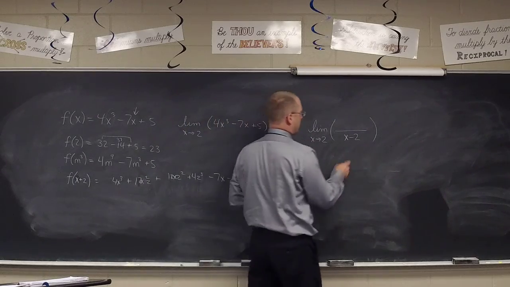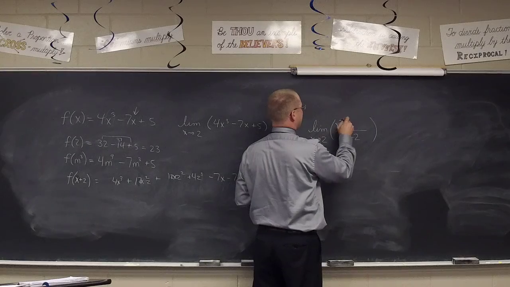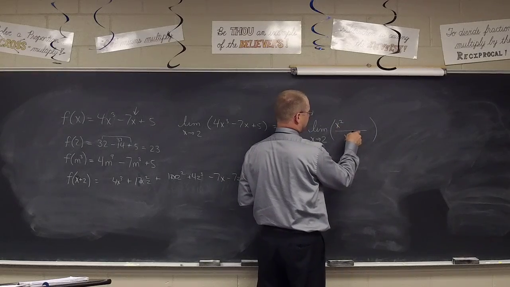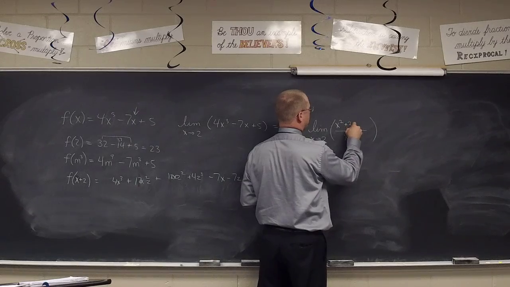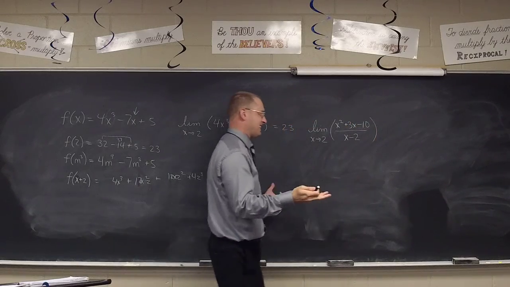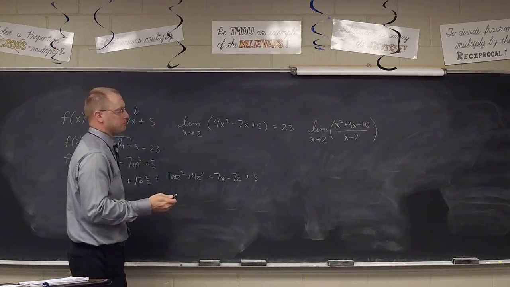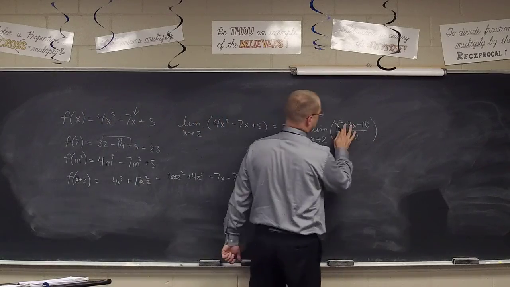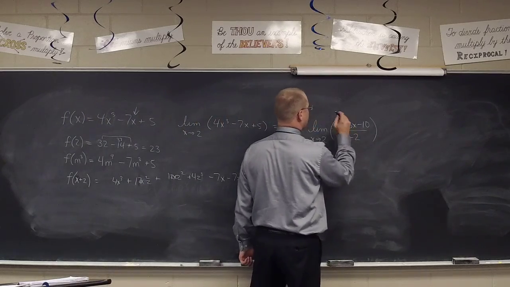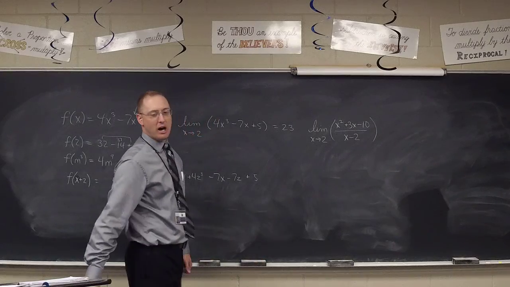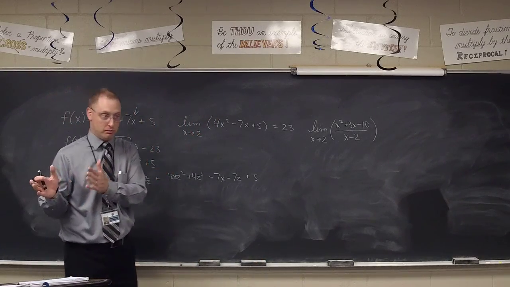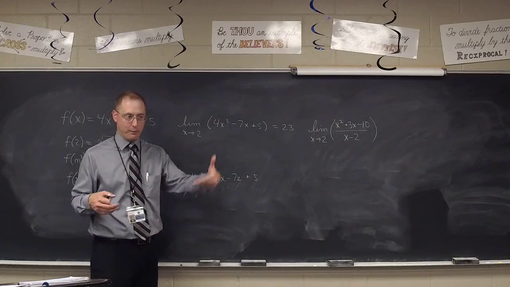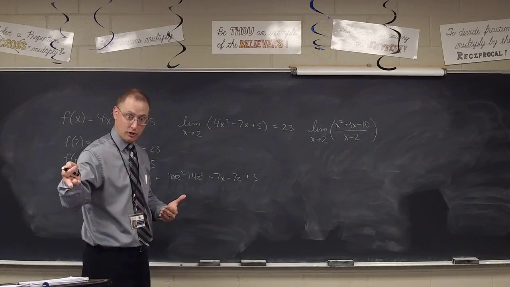So let's say the numerator was something like x squared plus 3x minus 10 or something like that. Then what would we need to do in this case? I mean, we could do the 1, 1.5, 1.9, 2.1, go on the other side of the 2, right?